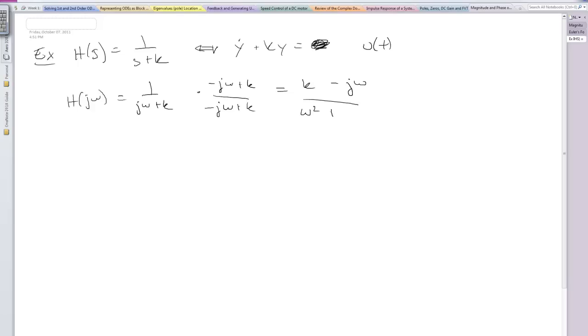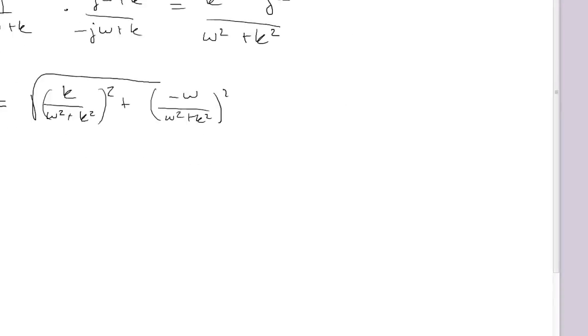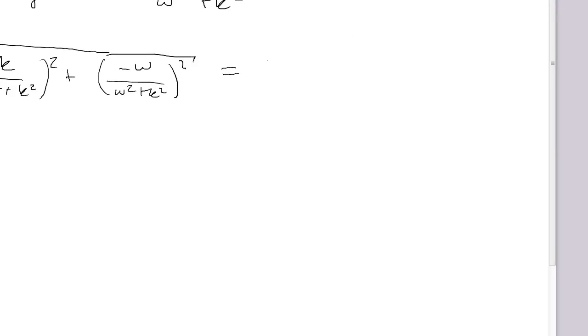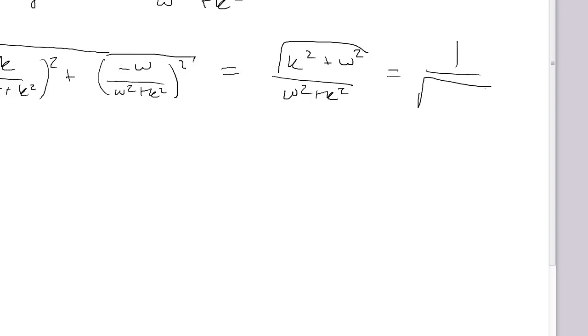Then I can look at the magnitude of H of j omega, which is the square root of (k over omega squared plus k squared) squared plus (minus omega over omega squared plus k squared) squared, which is the square root of k squared plus omega squared all over omega squared plus k squared, and that's just 1 over the square root of omega squared plus k squared.